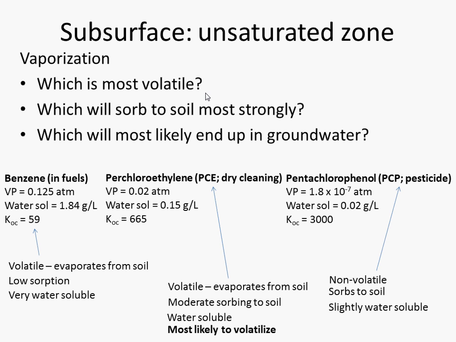It's not very water soluble but has a relatively high vapor pressure, and not a hugely strong potential to absorb to organic carbon. PCP has a really high KOC, so it's most likely to end up absorbed to soil, whereas benzene is considered highly mobile to groundwater. Even though it's got a pretty high vapor pressure, it's also got a really high water solubility, so it tends to end up in water more than in the atmosphere.